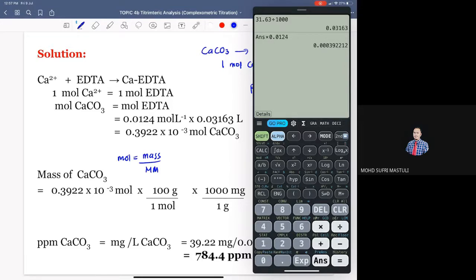You can calculate the molar mass of calcium carbonate by using the periodic table.